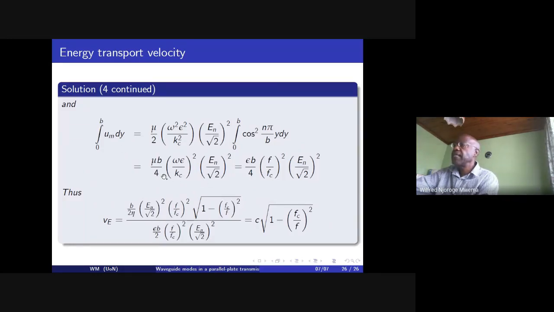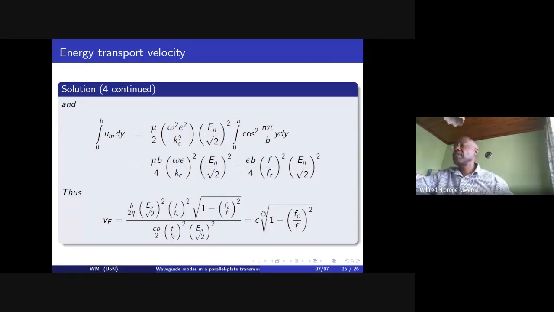We see that these two are equal, and therefore the energy transport velocity is going to be given by the average power at Z over the total power stored in the magnetic and electric fields, and we get this value. We get a value of c squared times 1 minus fc by f squared. Now, if we recall what we talked about for the group velocity before, we see that this is exactly the same as the group velocity we defined.